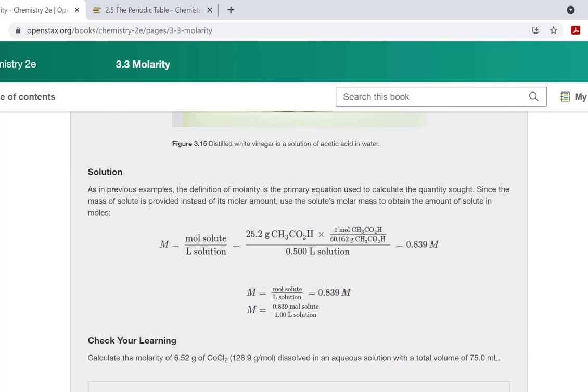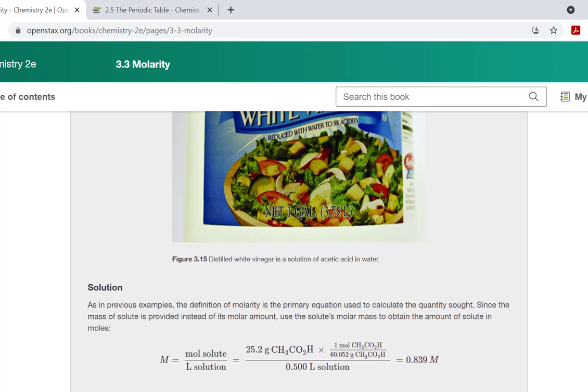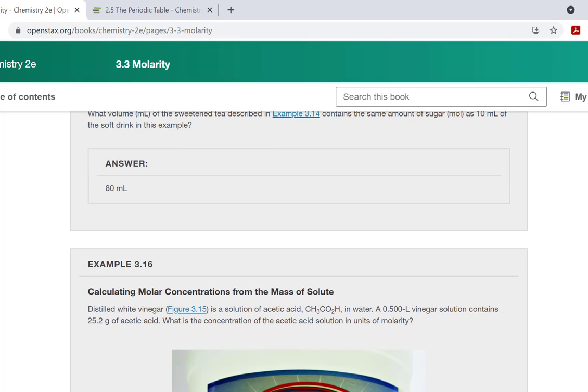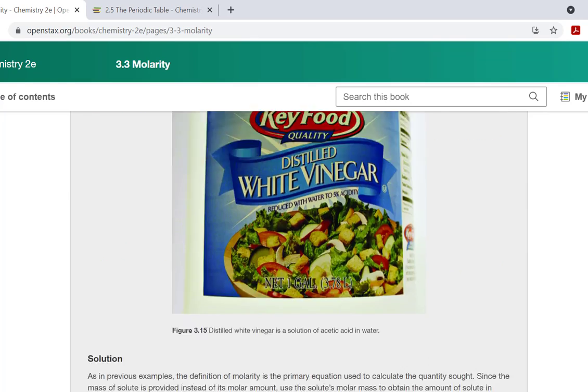Using it will often also incorporate ideas from previous sections. So in this example, you're not given moles, you're given mass. Okay, so you'll have to find moles from mass in order to then find molarity. So there will be some connections to previous sections as well.